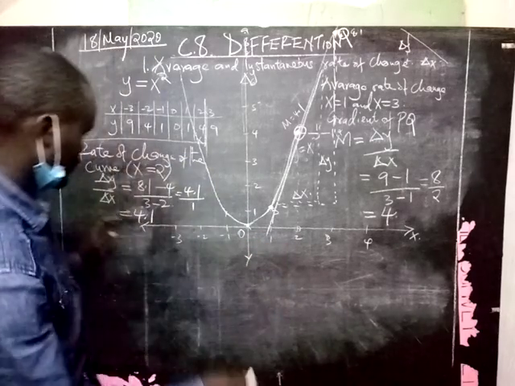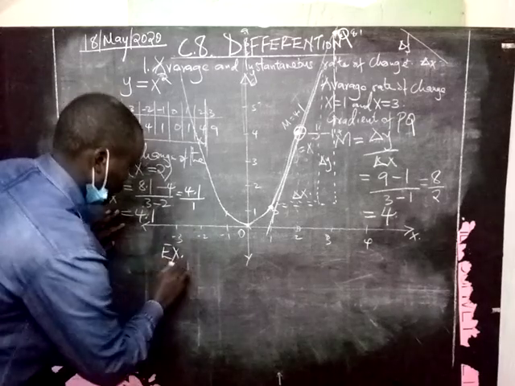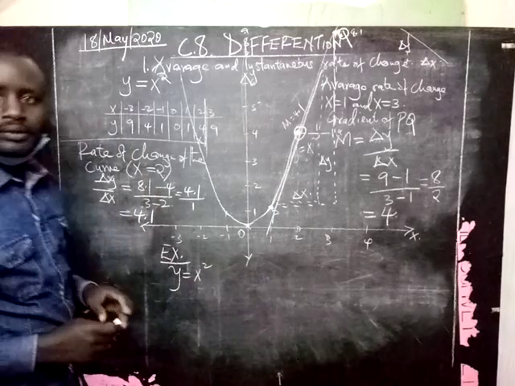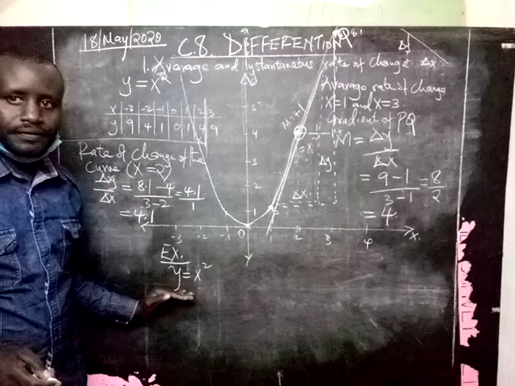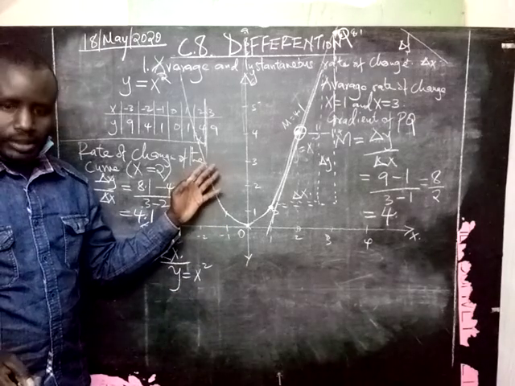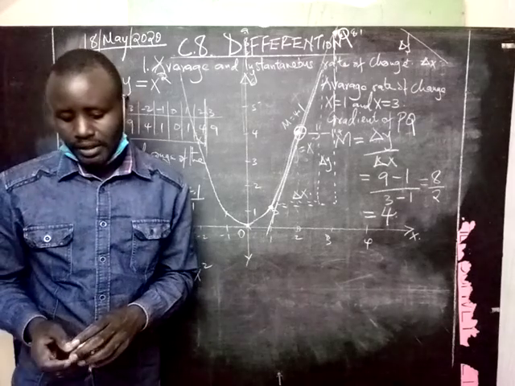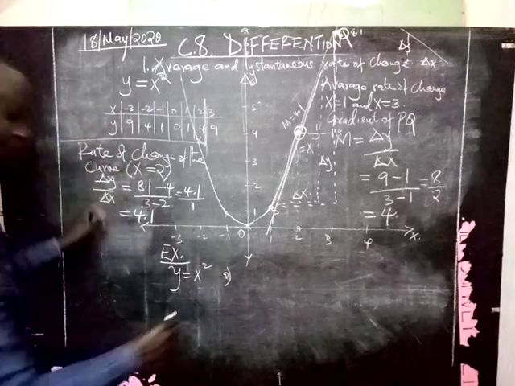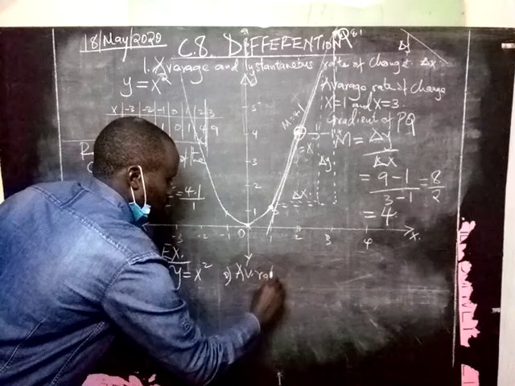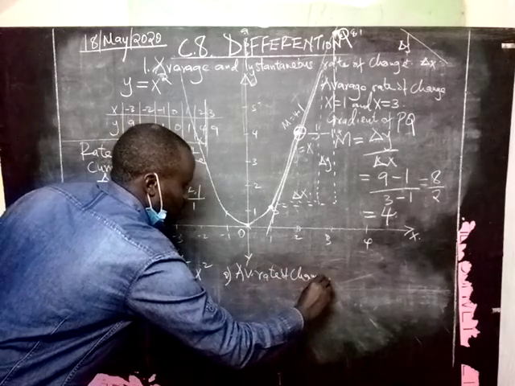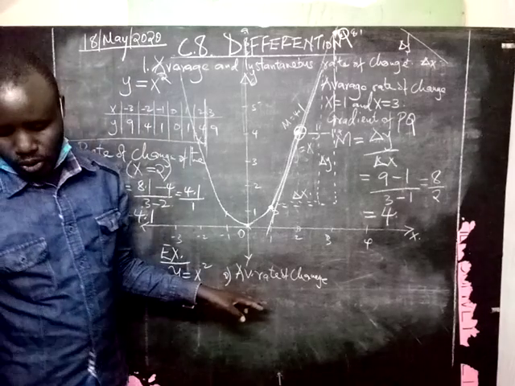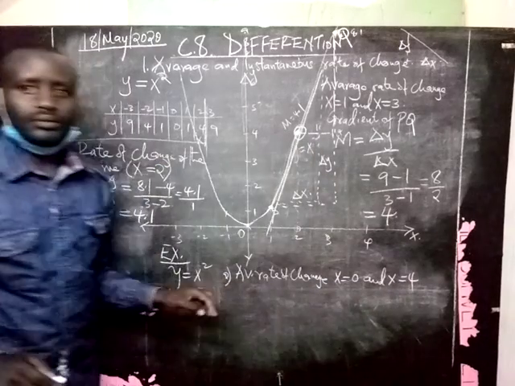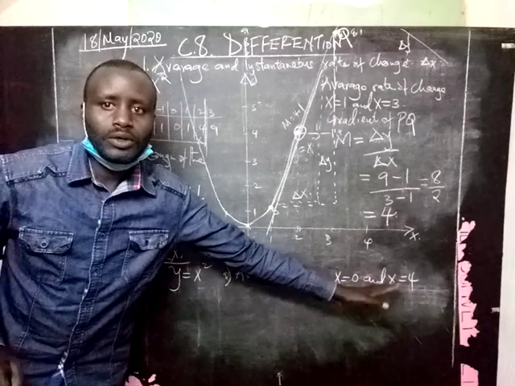So I want us to move to another example. This is an exercise. I want you to draw y equals x squared, or x raised to 2, another curve which is the same as this one. Then you find the average rate of change between x equals 0 and x equals 4.